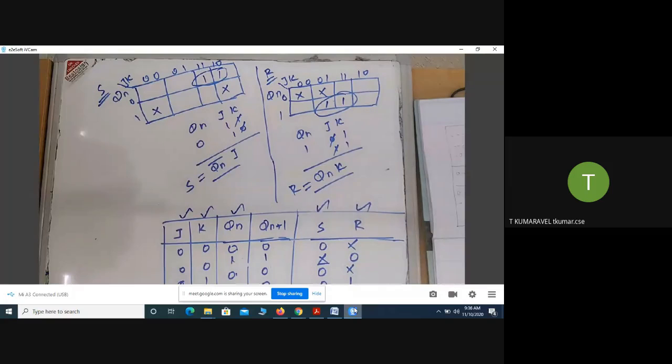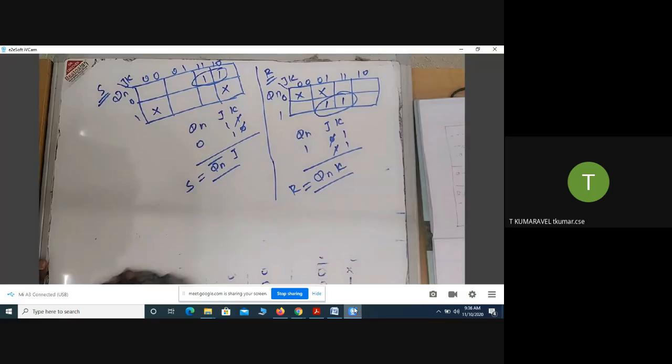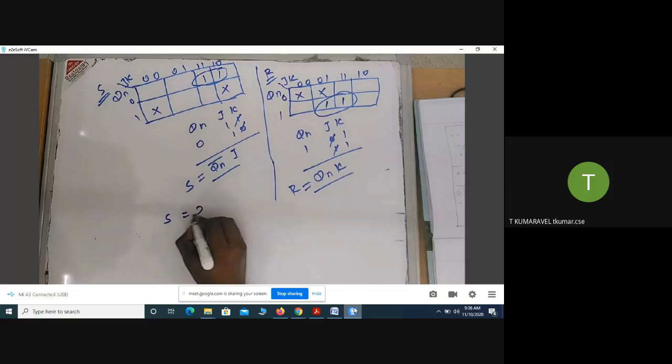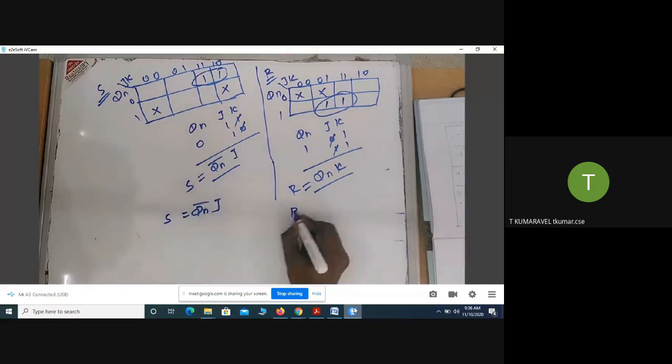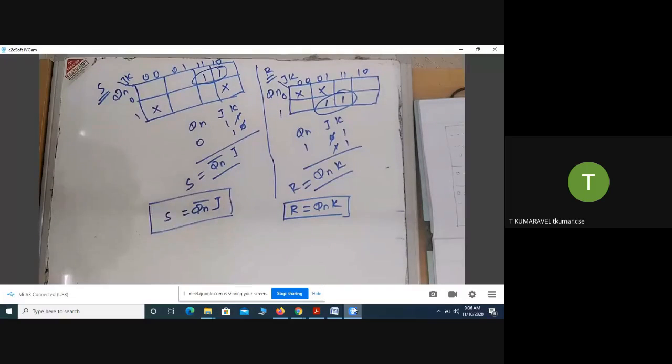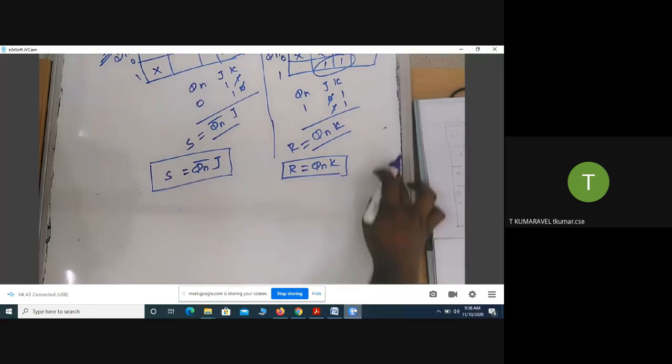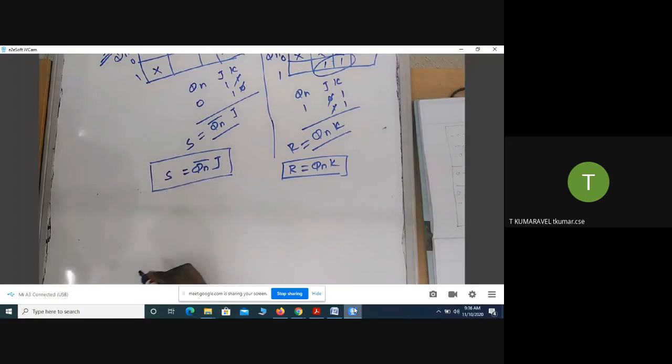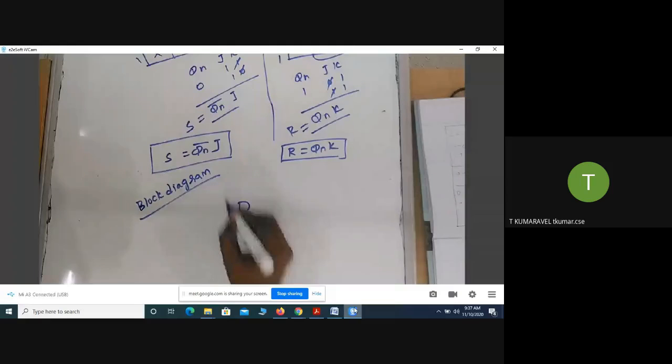Based on that, I generate the equations for S and R: S equal to Qn bar J, and R equal to Qn K. Now I'm going to draw the realization circuit diagram, otherwise called the block diagram, for the given logic functions. It requires one AND gate for this and one AND gate for this.